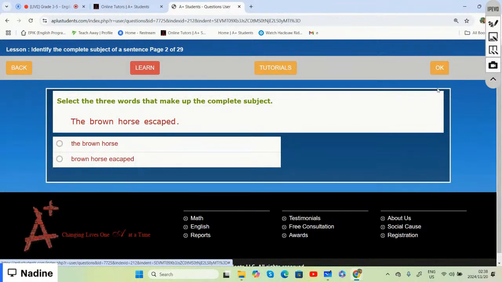The next one says we need to select the three words that make up a complete subject. The brown horse escaped. Is it option one, the brown horse, or option two, brown horse escaped?